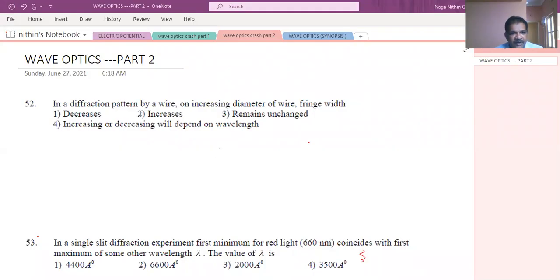See, in a diffraction pattern by a wire, on increasing the diameter of the wire, what will happen to the fringe width? They are asking.